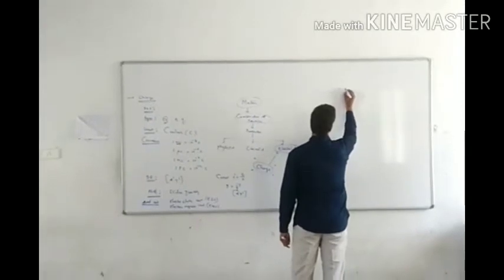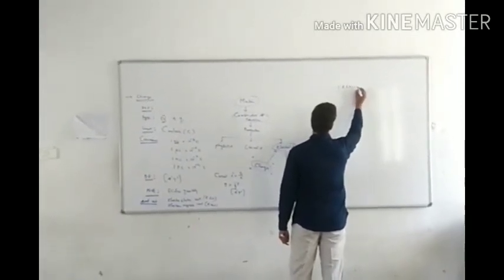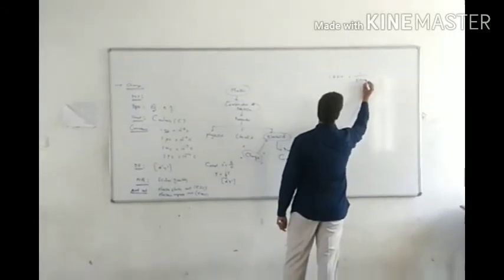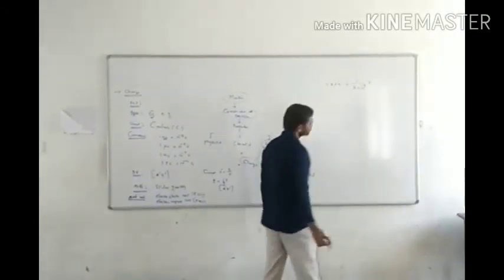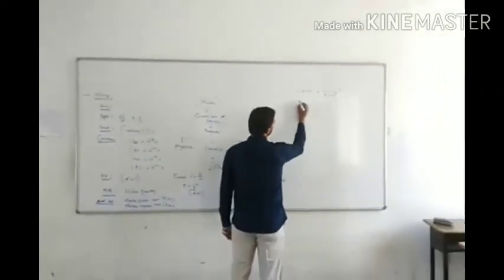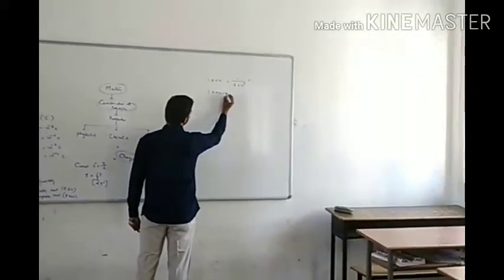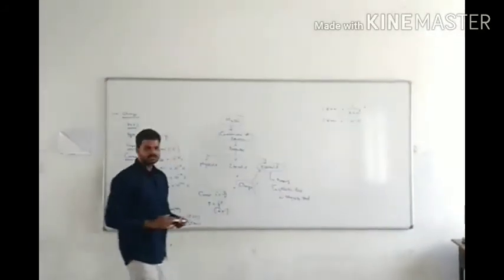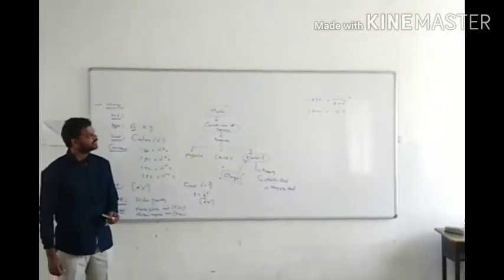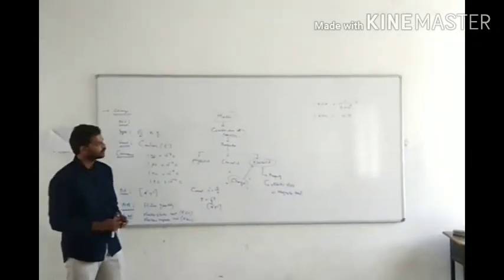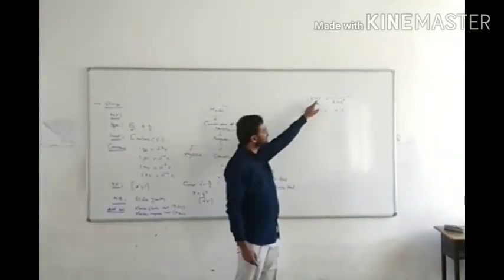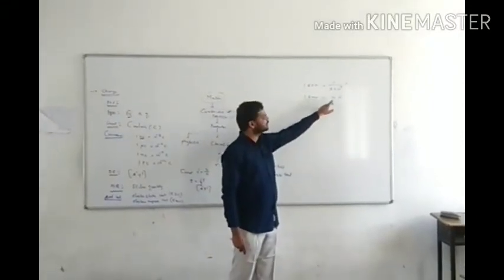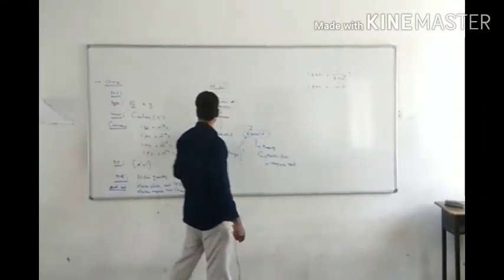One electrostatic unit is equal to 1 by 3 into 10 to the power of 9 coulombs. And one electromagnetic unit is equal to 10 coulombs. So that is the conversion for one ESU and one EMU. The electrostatic unit is a very small quantity and the electromagnetic unit is a greater quantity compared to the coulomb.